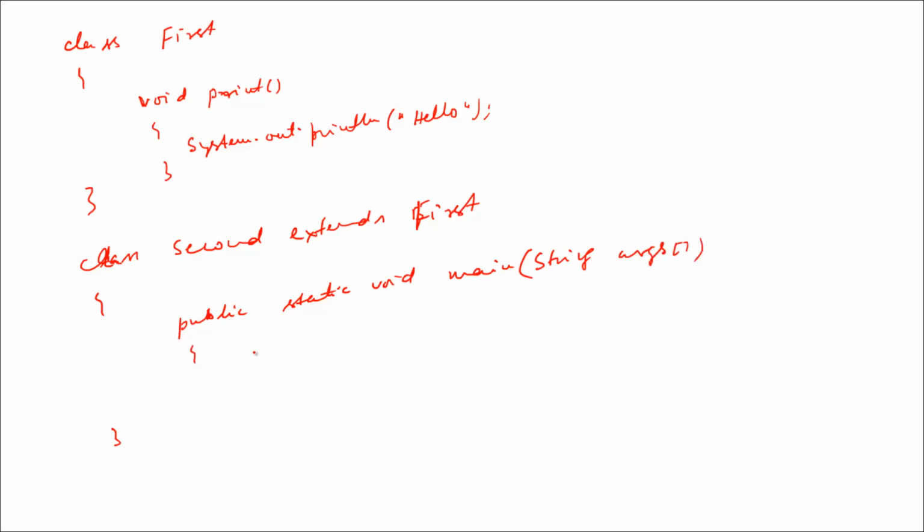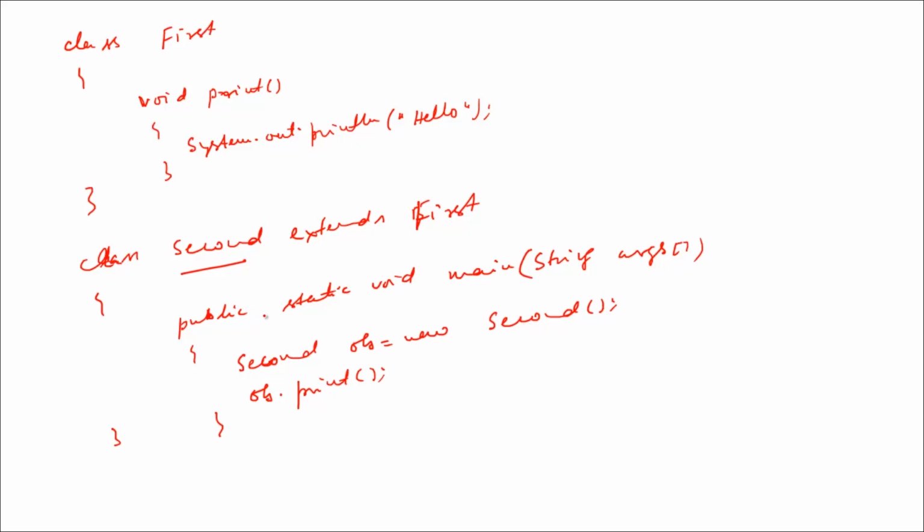Because I have extended the first class into the second class, let's create a second object: second ob equal to new second. I am not creating the object of the first class, I am creating the object of the second class. Now I can call ob.print.